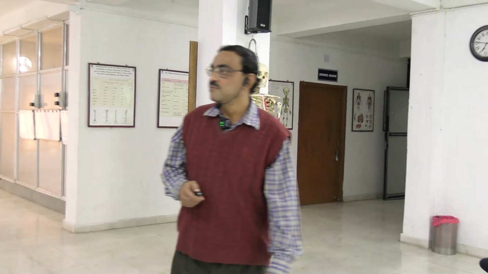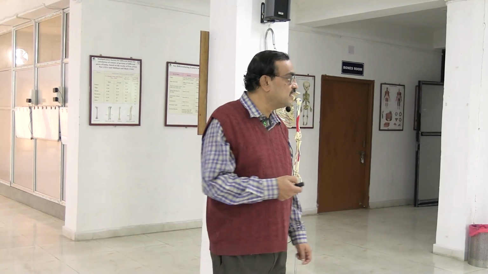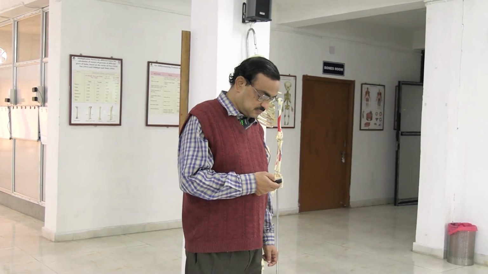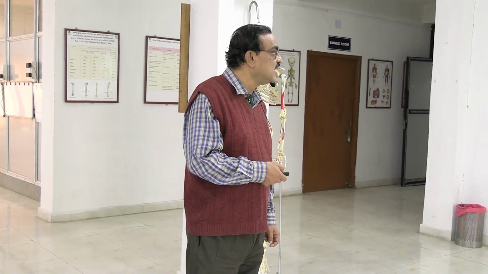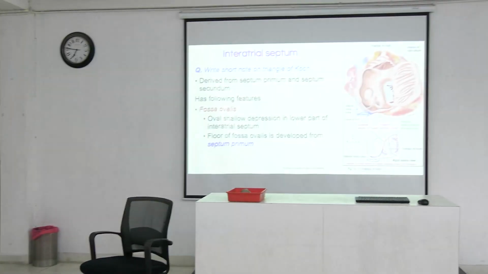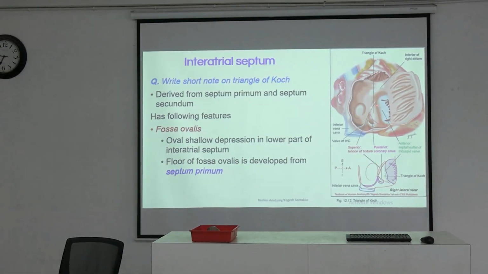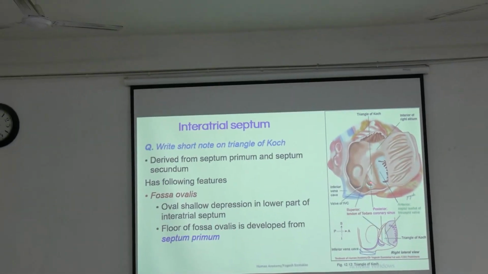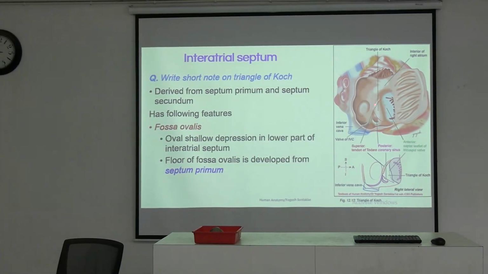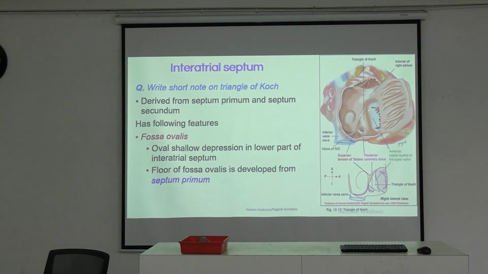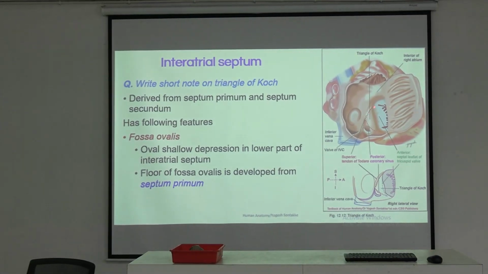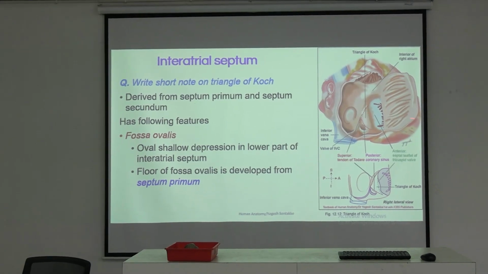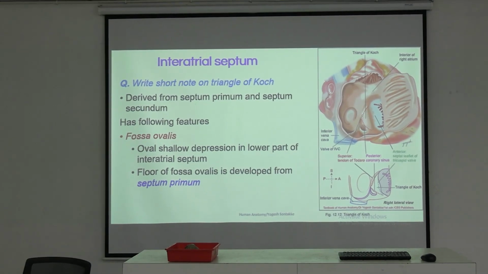Location: it is located in the triangle of Koch, which is formed by the base of the right atrioventricular opening and the coronary sinus opening, and above by the subendocardial ridge, which is called the tendon of Todaro.